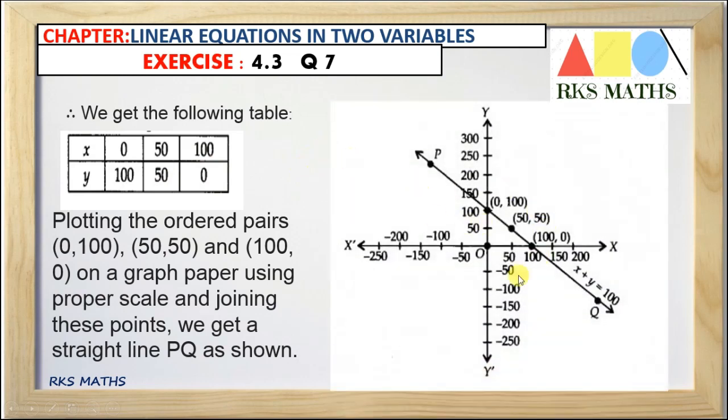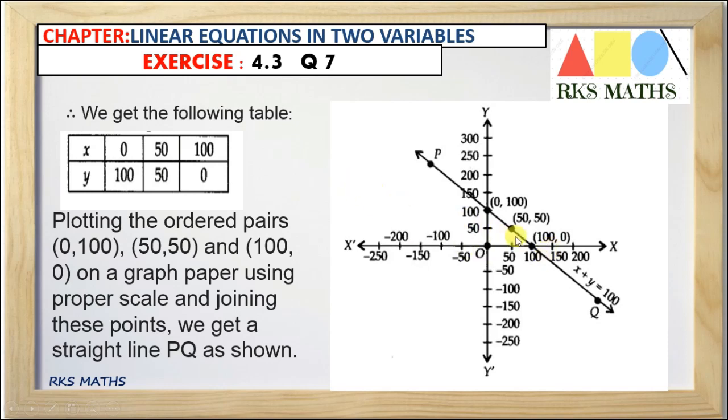So we will obtain this; the graph obtained will be this. Here you can see the points we have taken as 0, 50, 100, 150, 200 in the gap of 50, the same for the positive direction of the x-axis and the negative direction of the y-axis. Now we have plotted (0, 100), that is x is equal to 0 and y is equal to 100; (50, 50), that is x is equal to 50 and y is equal to 50; and (100, 0), that is x is equal to 100 and y is equal to 0.